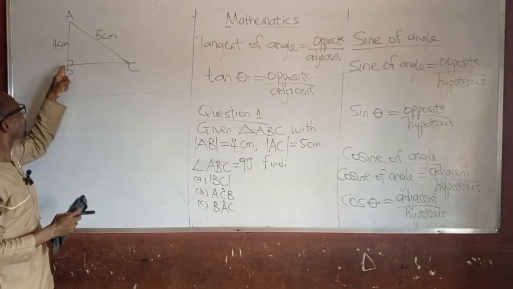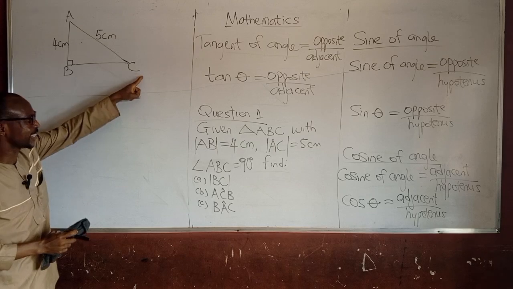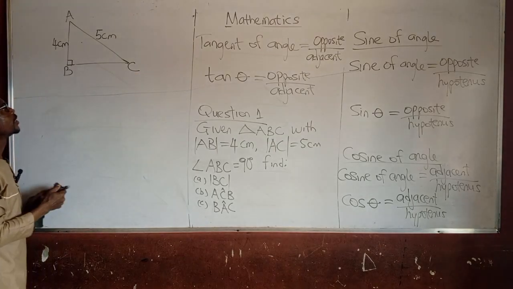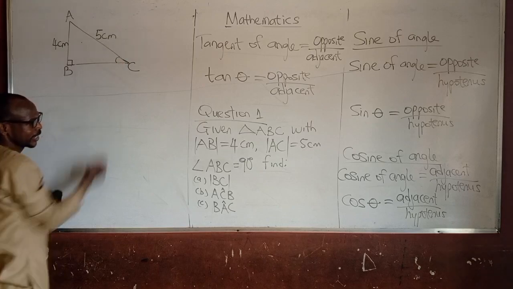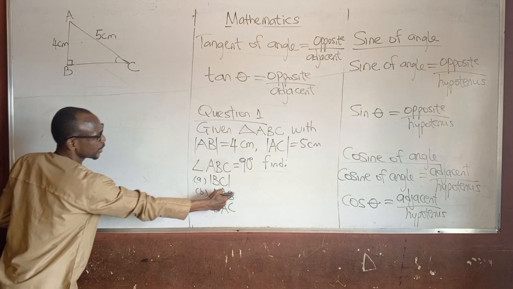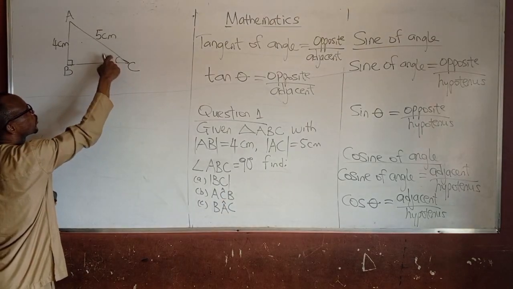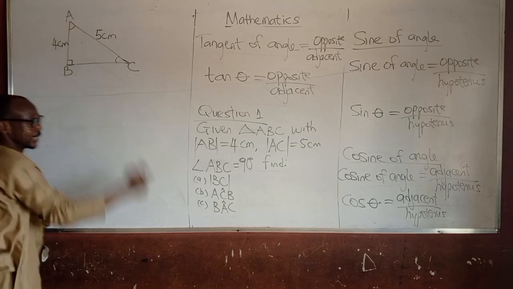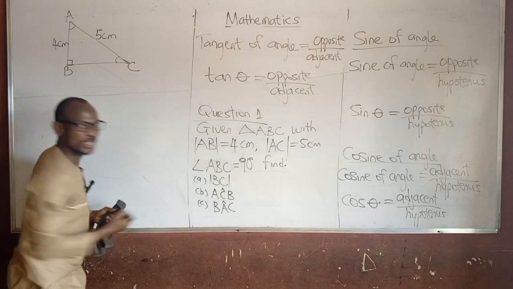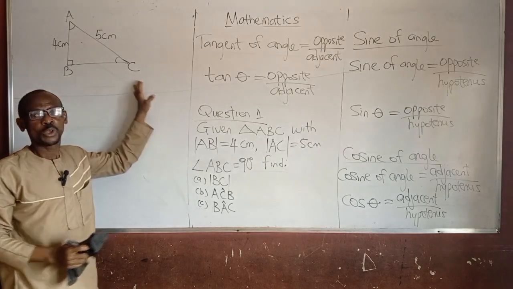Now they want make we find BC, this length of BC. And they also want us to find this angle here, namely our ACB, to find this angle C here. And the angle for A here, namely our BAC. Make we find out.